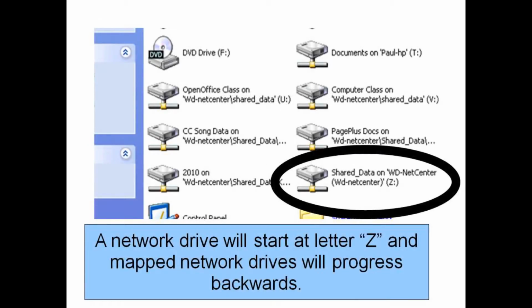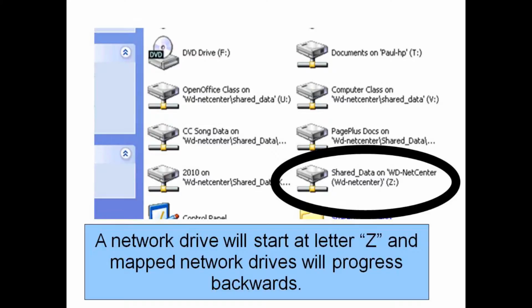Now what I mean is that as I add on a network drive, it will start with the letter Z and go backwards. Now, your computer is only able to use the 26 letters of our alphabet for any individual drives.